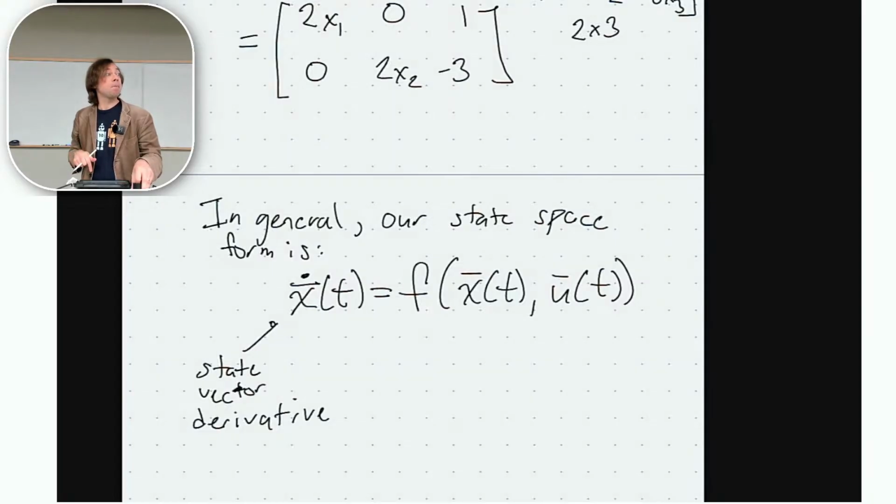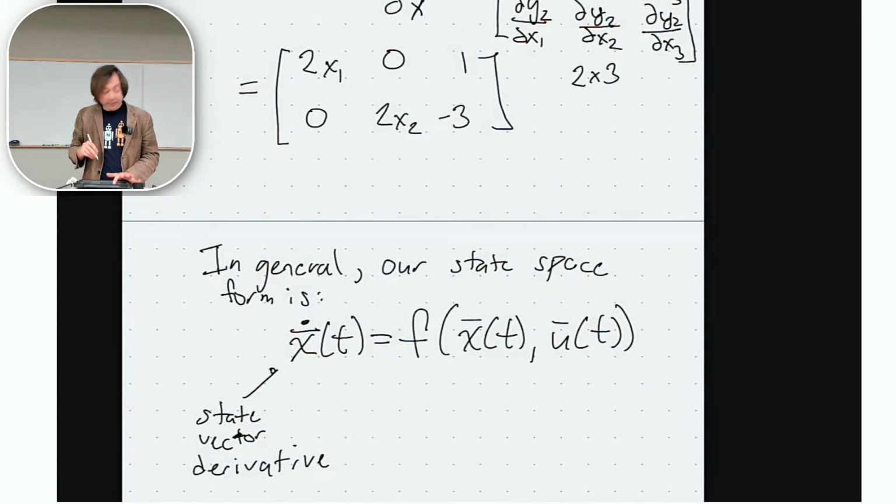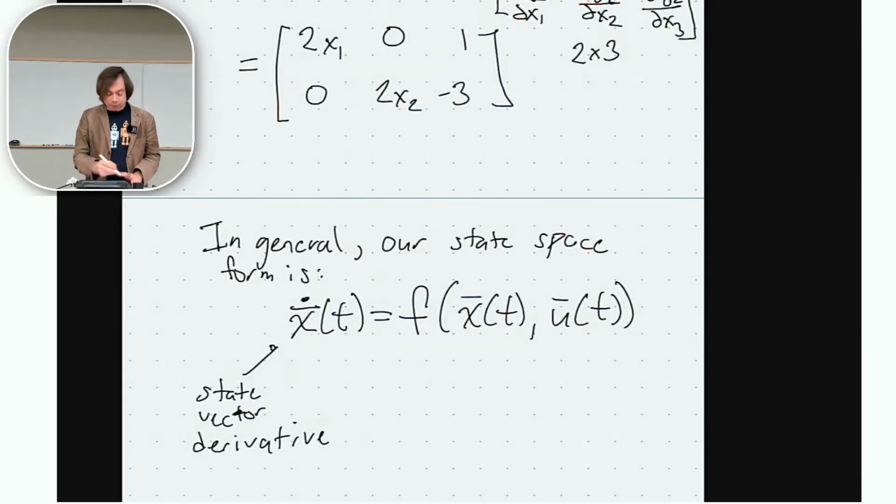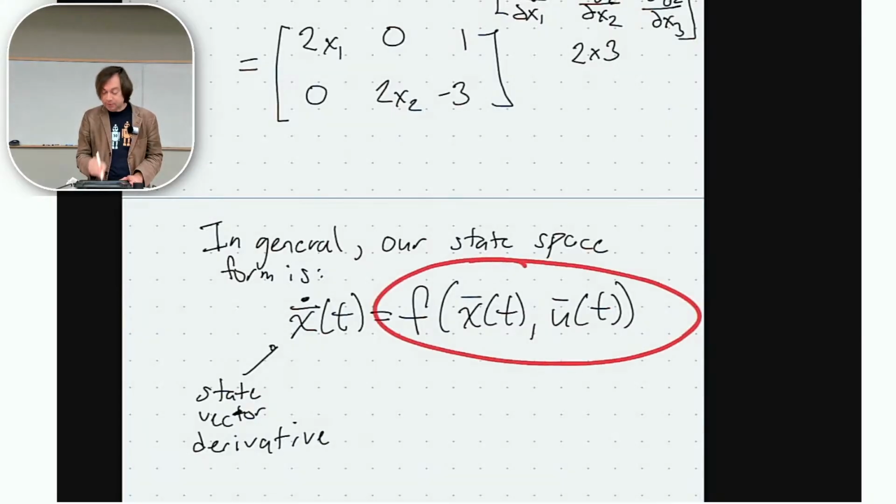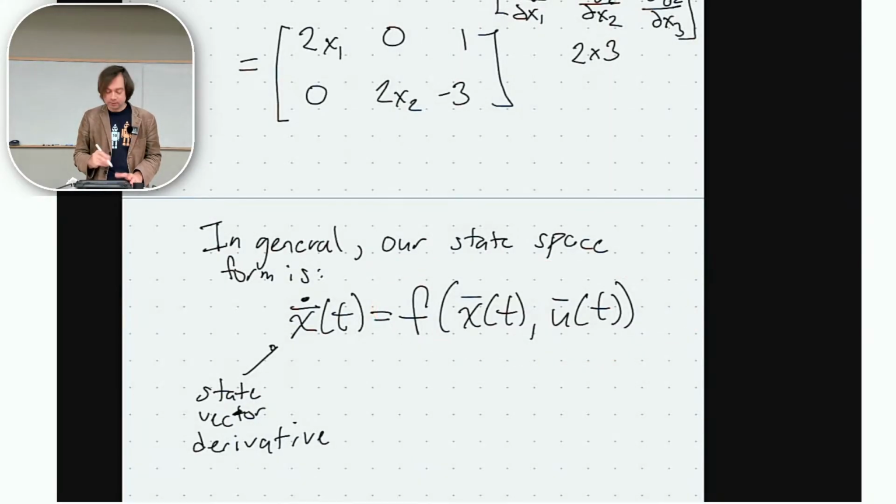In general, our state space form is that. So for this step, we're taking the derivative of our dynamics, which is that, with respect to our x of t and u of t. So let me write that out. It's going to be the partial derivative of that function f. Again, we wrote that out for our pendulum.